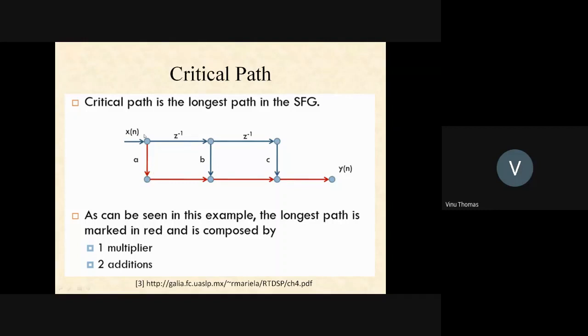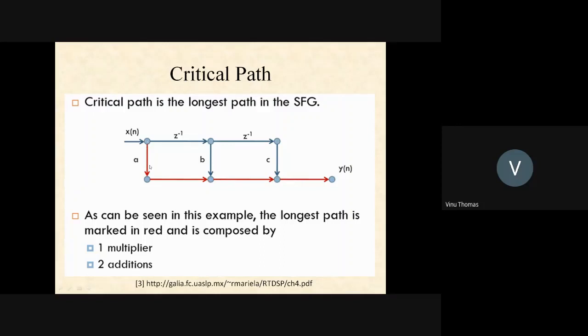You have seen that A into x of n, B into x of n minus 1, and C into x of n minus 2 are three multiplications that can occur in parallel if you have parallel processing units. So this A into x of n has to be added with B into x of n minus 1. So you require an addition here. And this entire thing has to be added to C into x of n minus 2. So this requires another addition.